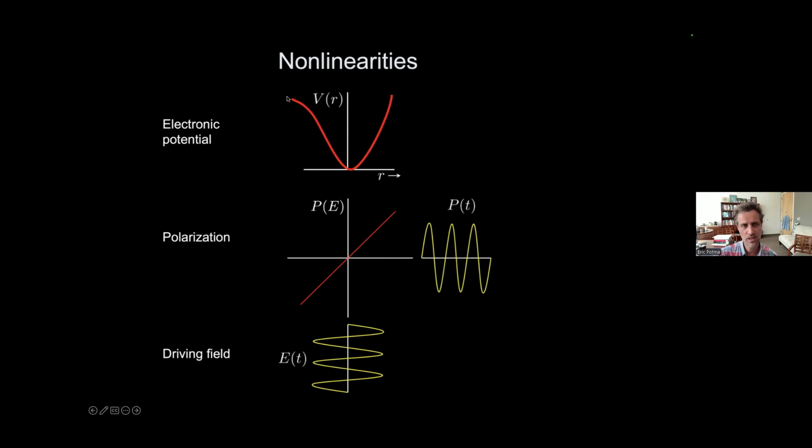It's more shallow on this side. So on this side it's more difficult to drive than on the other side. This is an asymmetry that I'm creating, and this asymmetry leads immediately to an asymmetry in the polarization that you create in your molecule. One reflection of that is that on this side it's more difficult, so you need to move out the electron farther to get the same polarization. And on the other side, it's easier.